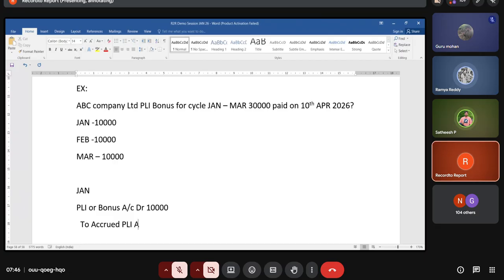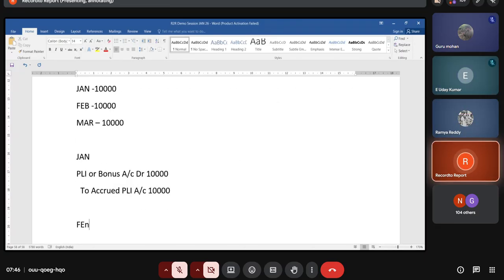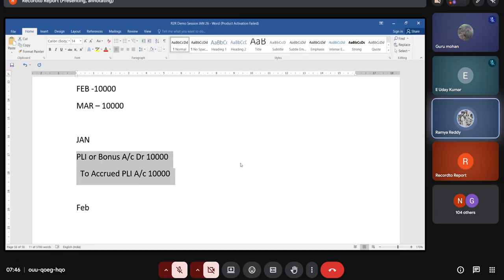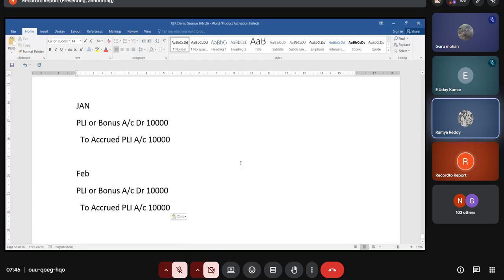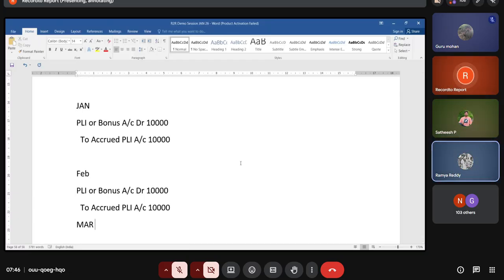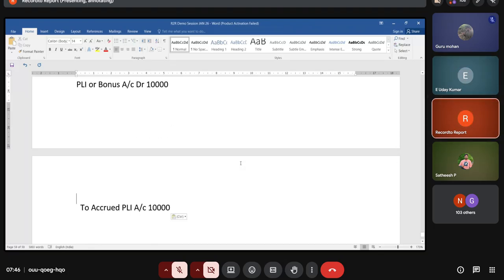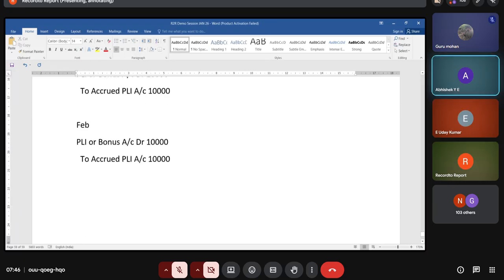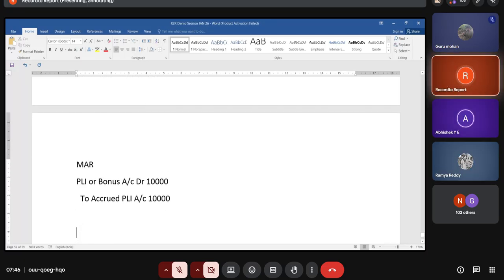So in the month of January, what will the company record? PLI bonus account debit, amount 10,000 rupees, to accrued PLI. In the month of February, same entry. In the month of March, the same entry will be recorded.